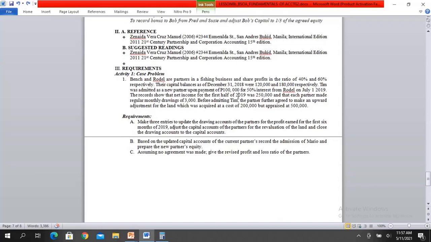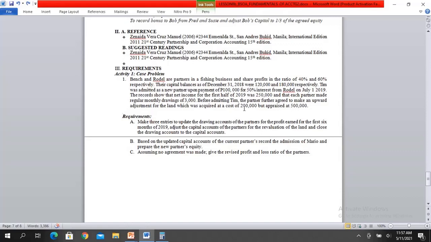So ibig sabihin, yung dissolution date nila or bago nila i-admit dapat nila si Tim, di ba? So yung 6 months nagwi-withdraw or may regular withdrawal ng cash sila Bench and Rodel ng 3,000 ng cash. So magkano yung total amount ng withdrawal nila Bench and Rodel ng 6 months?